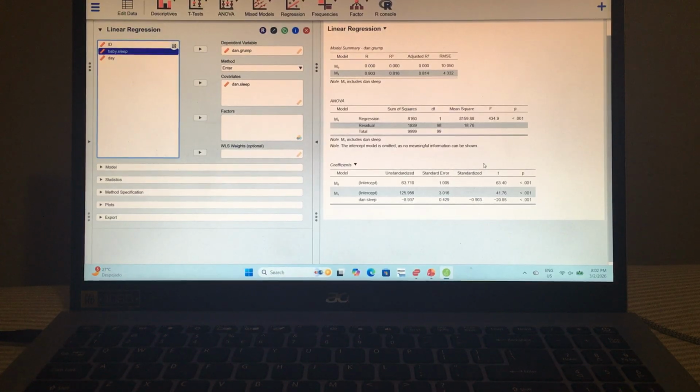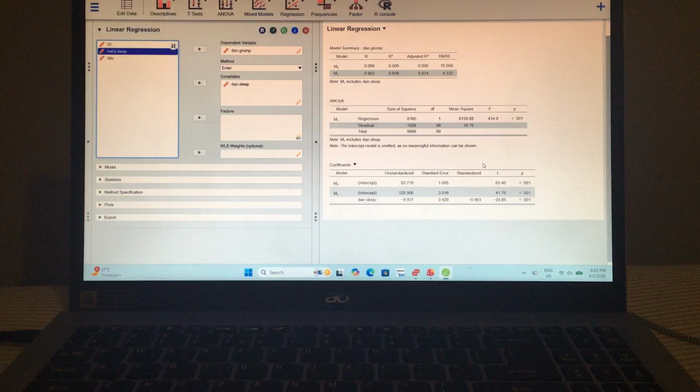It only includes the y-intercept, which just so happens to be the mean of the dependent variable. It does not include the independent variable. In this type of an introductory level, we're not going to be using this.